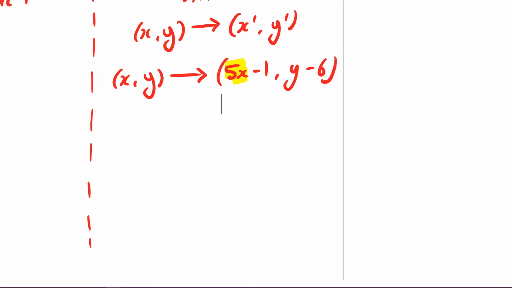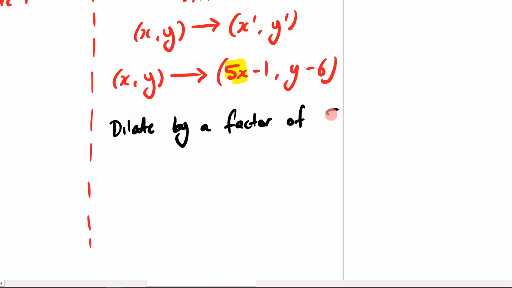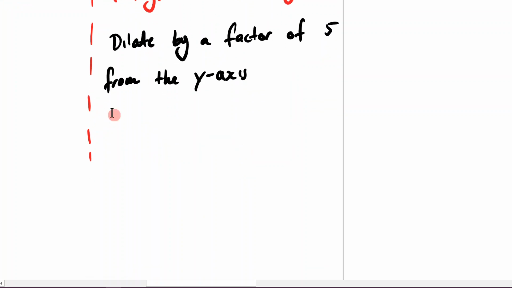So if I was to write this out, I would say first dilate by a factor of 5 from the y-axis, then translate.